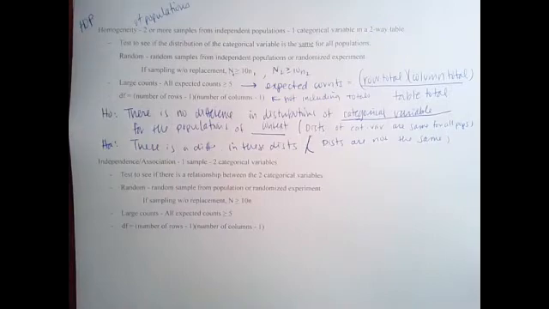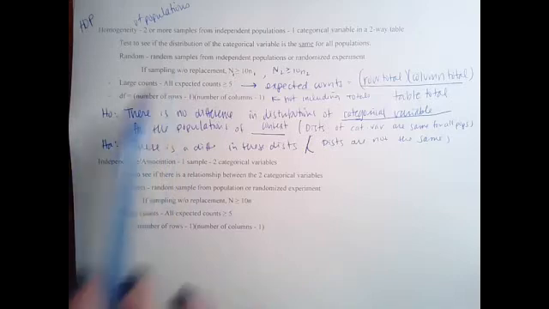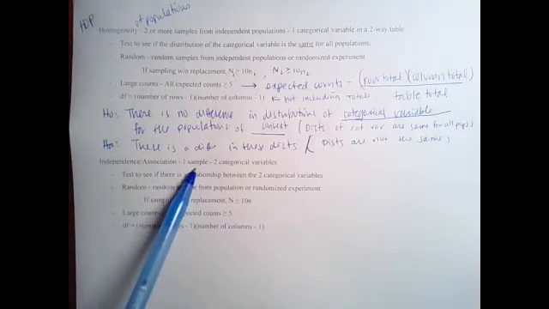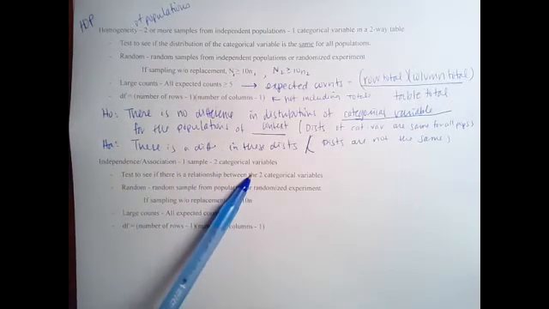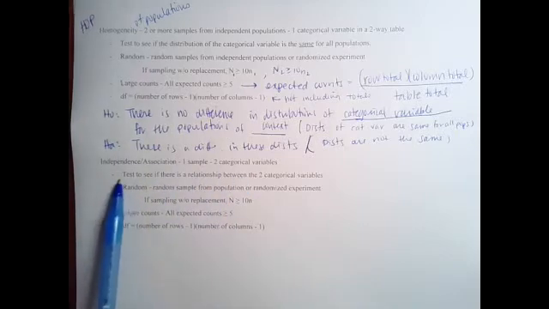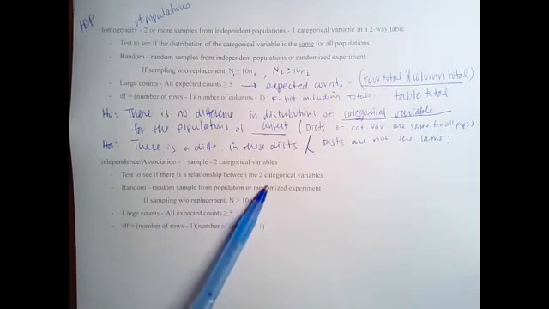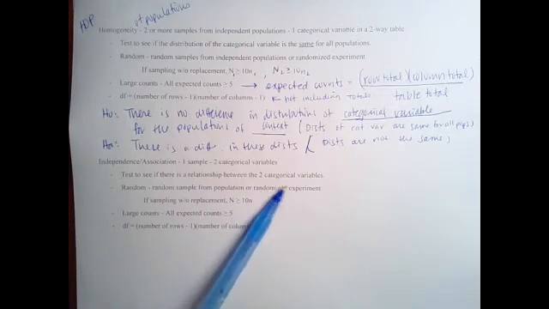So lastly, we have independence and association. Again, this comes down to how was the data gathered? This is kind of a combination of the other two. It's a single sample, but you have multiple categorical variables. And here, you're trying to see if there's a relationship between your categorical variables.